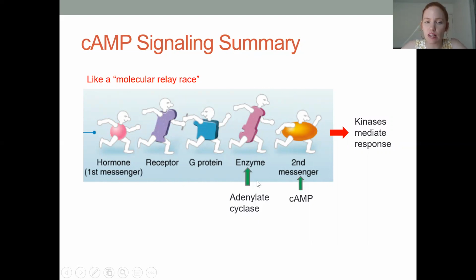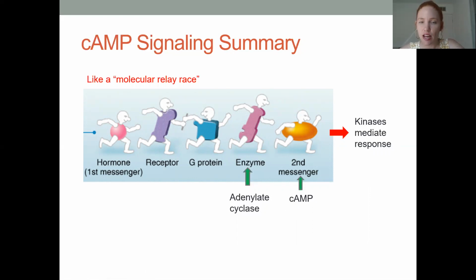In this case, the enzyme is adenylate cyclase, and the adenylate cyclase is going to convert ATP into cyclic AMP, and then the cyclic AMP, that is the second messenger because that causes the response, which is mediated by a bunch of kinases, which are just enzymes that add phosphate groups to different things, and then that will be your response.